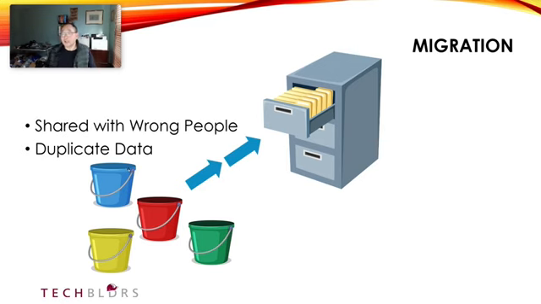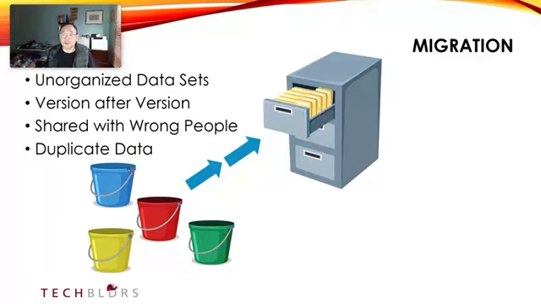You'll find that lots of stuff is shared with the wrong people because you share it and then you don't realize that it's going to be shared with somebody else. Typically not the same exact file, but maybe a different version. They'll copy it, make a change so that now they can have the permissions to send it off to someone else. And lastly, you'll find data organized in different ways because people store their buckets and organize them differently. Their folder structure is different than somebody else's folder structure. So you really don't know how they match up.